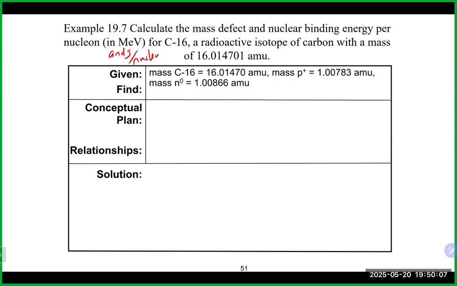Good practice, just in case I decide one over the other when I'm making the test, I suppose. Just have you do it all, I suppose. Radioactive isotope here, carbon-16 has a mass of 16.014701 AMU. Carbon there on the periodic table is still number 6, I think. It's hard to see, but I think it's 6.